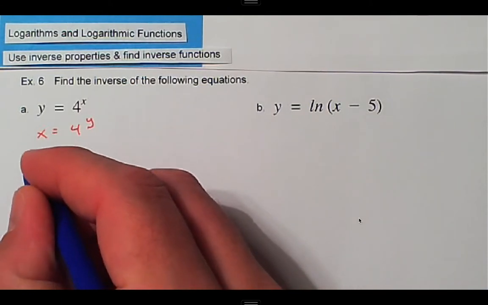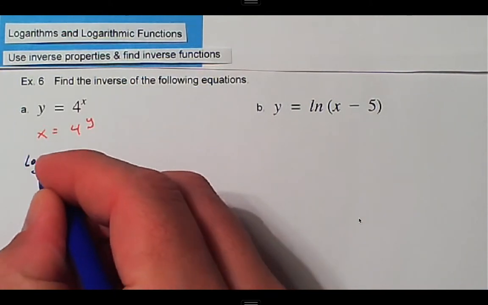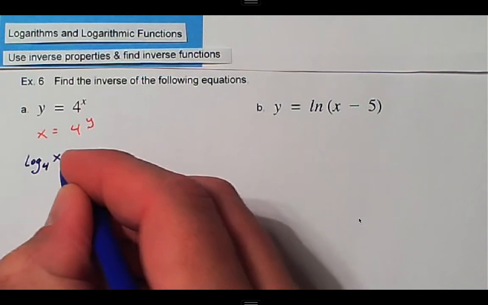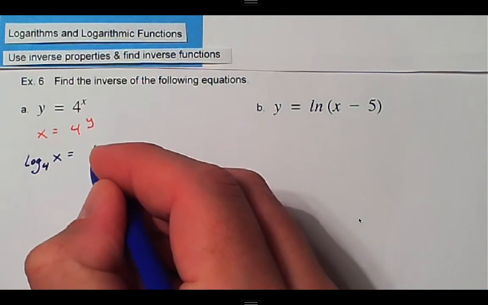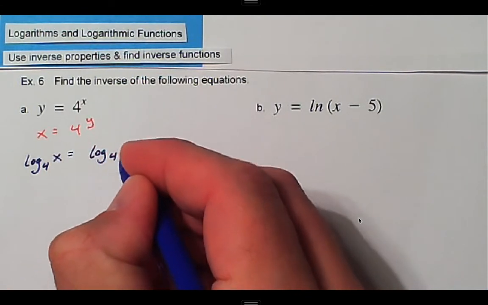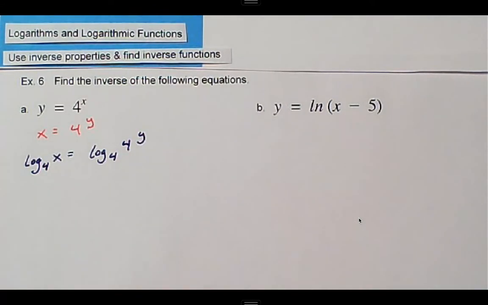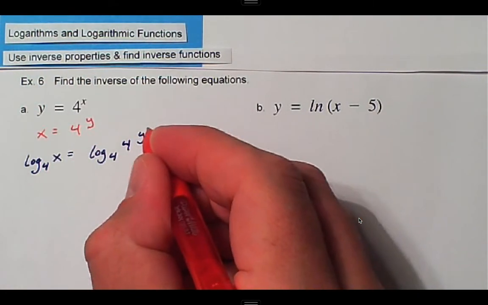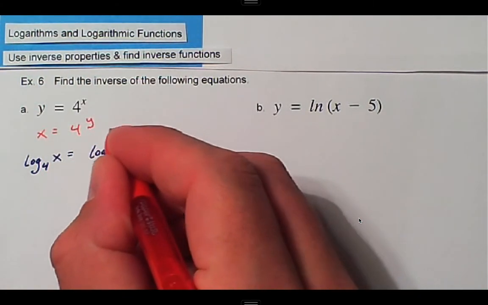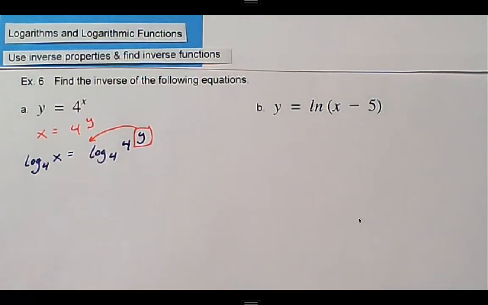So both sides of the equation: log base 4 of x is equal to log base 4 of 4 raised to the y power. Now at this point, I can use my log rules and take the y out of the exponent and move it down in front of the log.